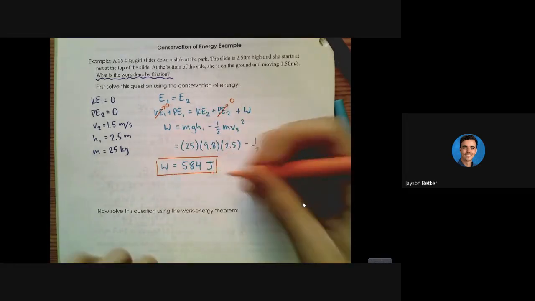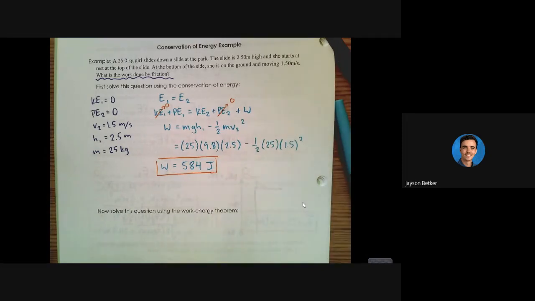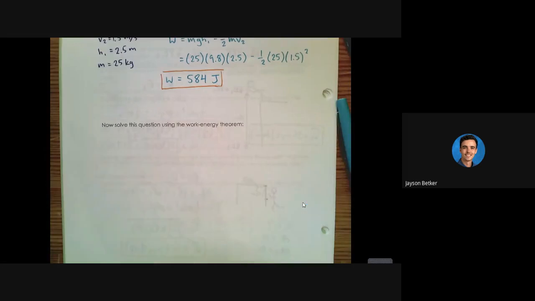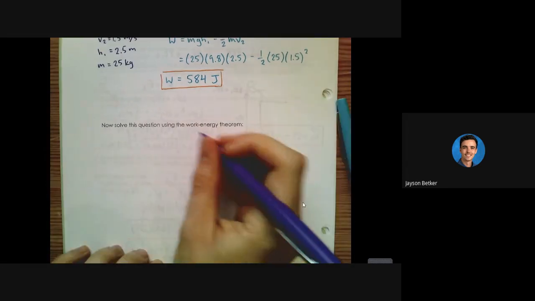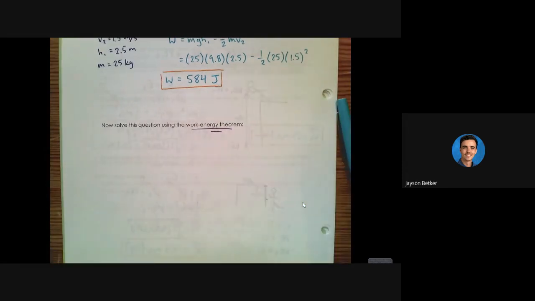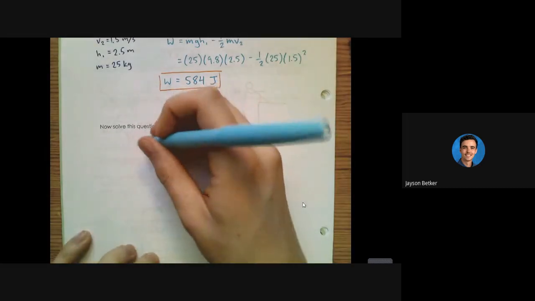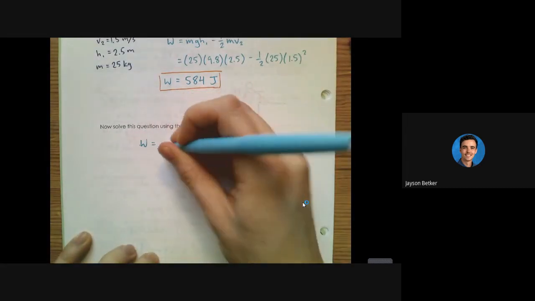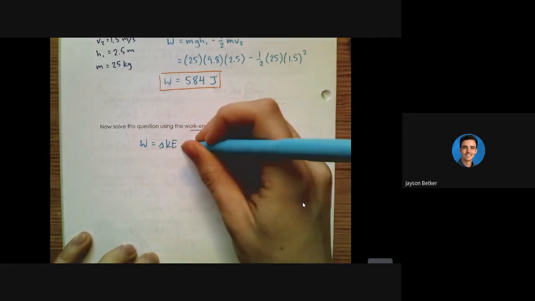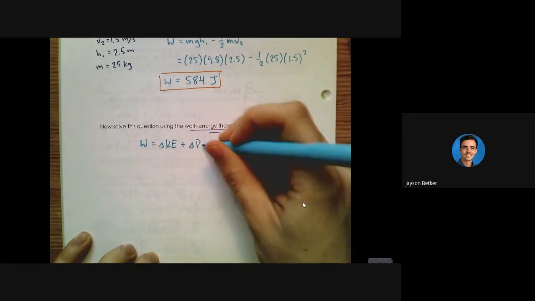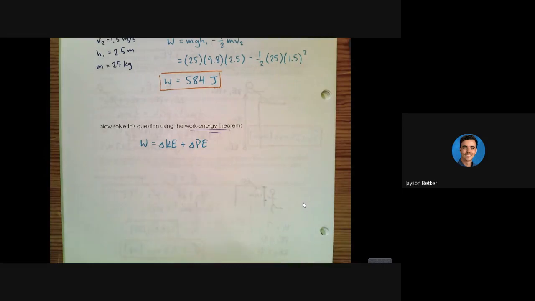Now that was kind of a tricky way to do it. Let's take a look at how we can do the exact same problem using the work-energy theorem this time. So this time we're going to use that second formula that we learned, the work-energy theorem. And this one looked like this: the work is equal to the change in kinetic energy plus the change in potential energy. Remember, work is just defined as the change in energy.